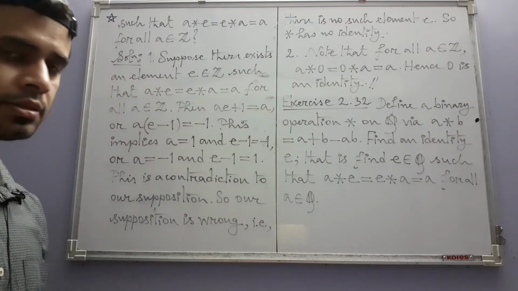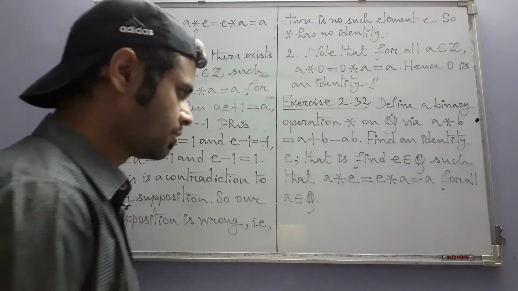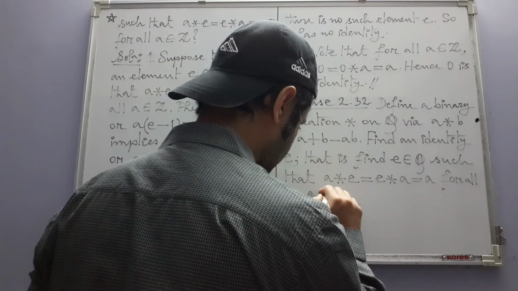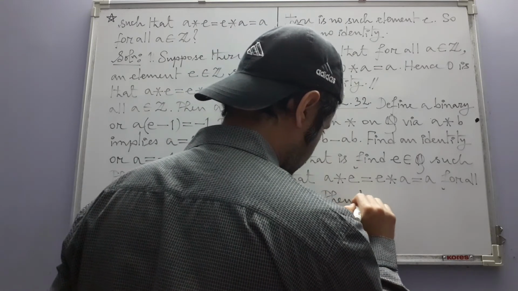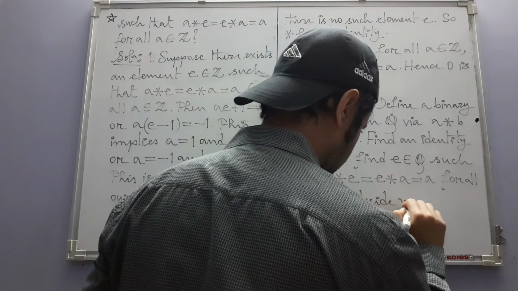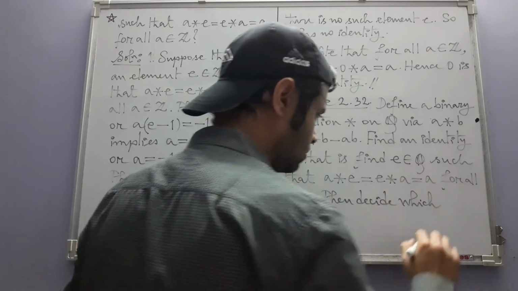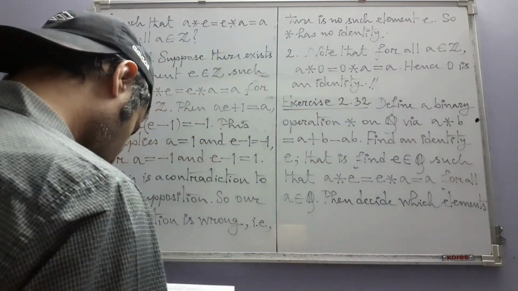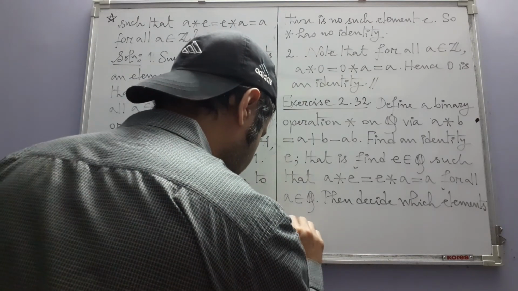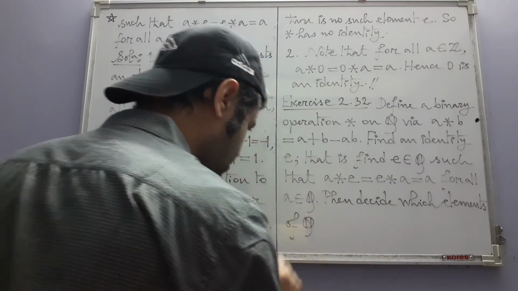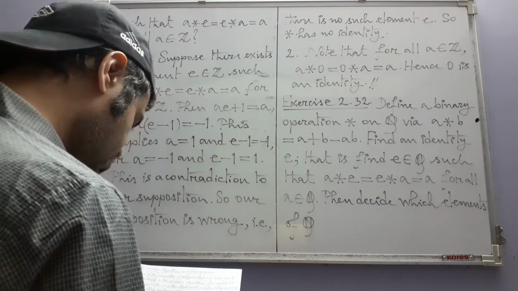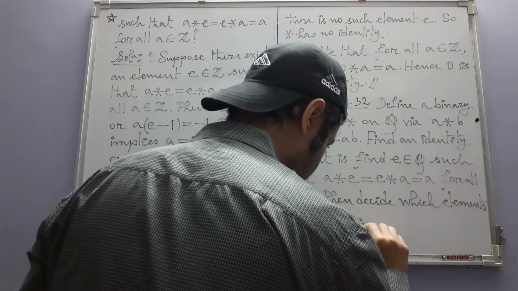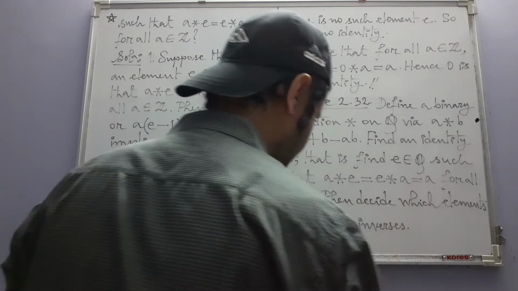So that means there is some identity, we have to find it. That's the first job. Then decide which elements of the set of rational numbers have inverses.